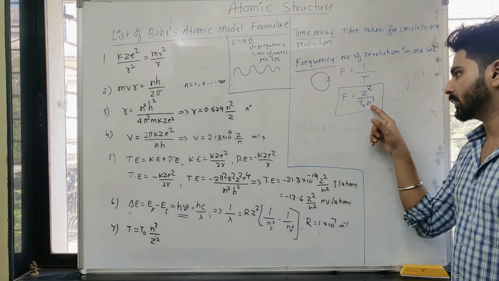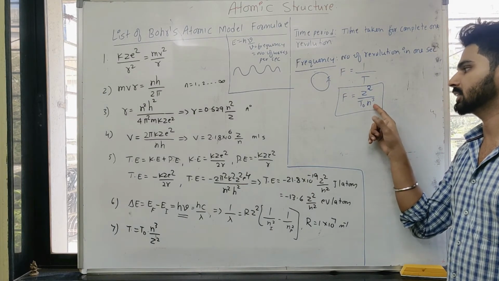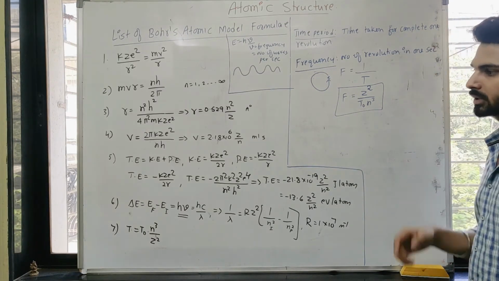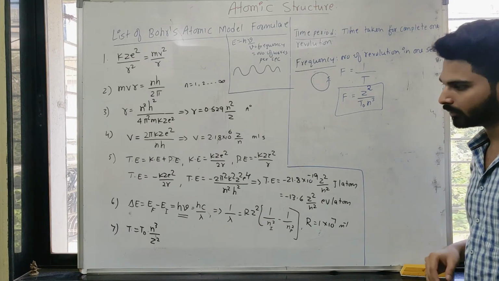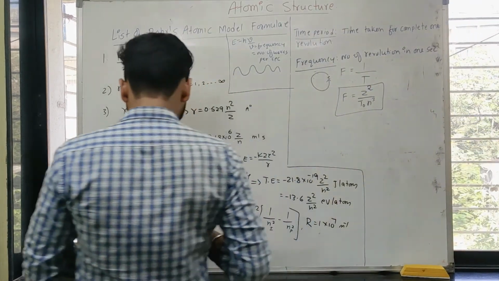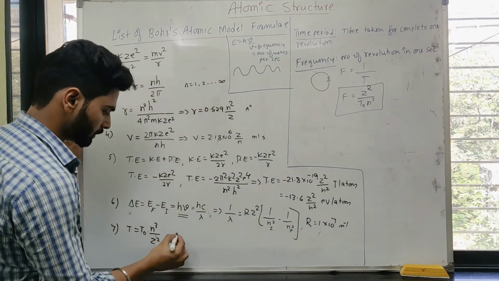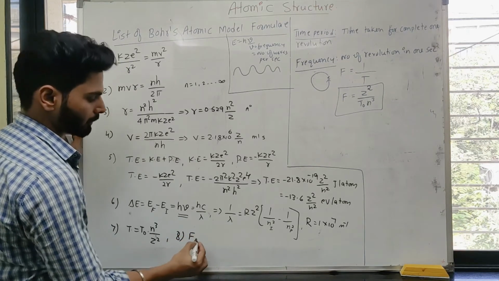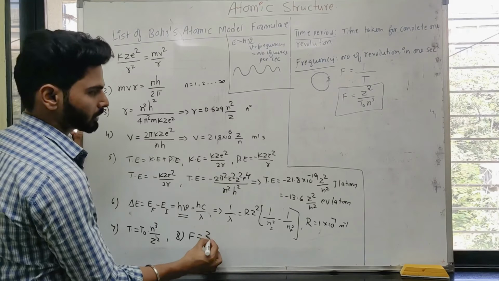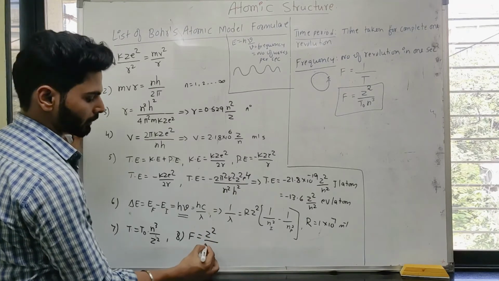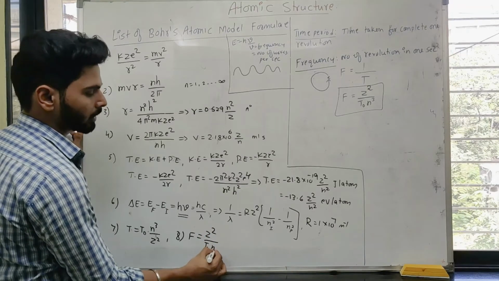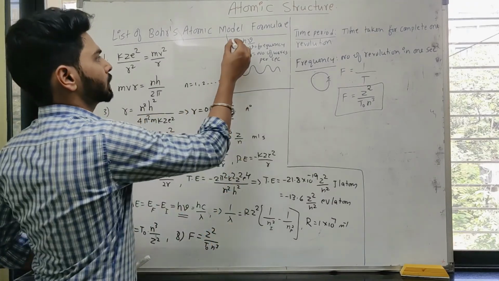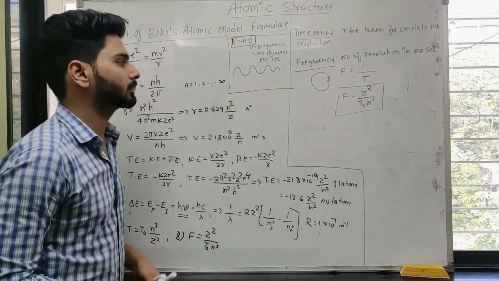As shell number increases, frequency decreases, the number of revolutions decreases. So this is another formula that you have to remember. F stands for frequency here, which is different from the frequency that we have seen in electromagnetic radiation. So don't get confused with this.